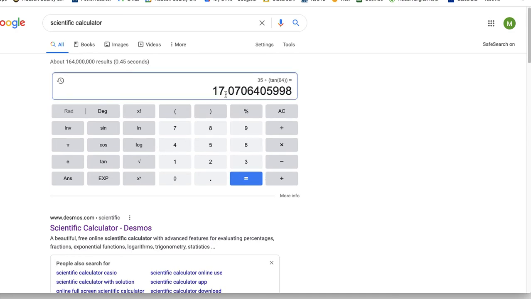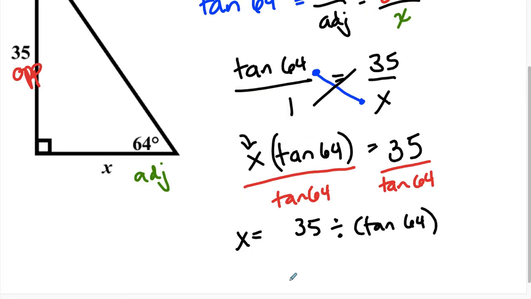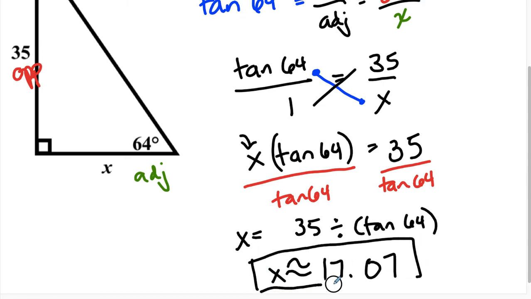That's going to give me 17.07, rounded to the nearest hundredth. So x is approximately 17.07. And if you got that far, you are doing such an excellent job.